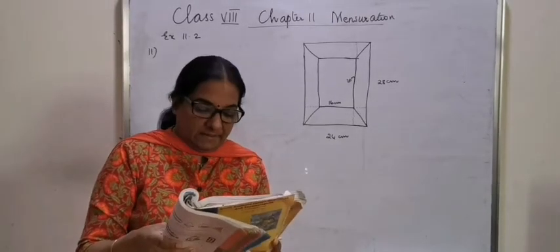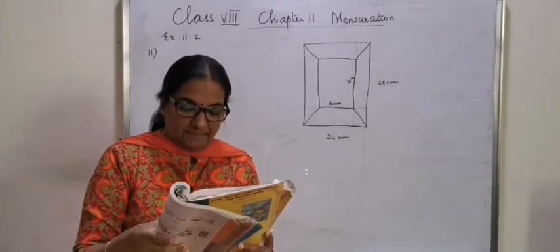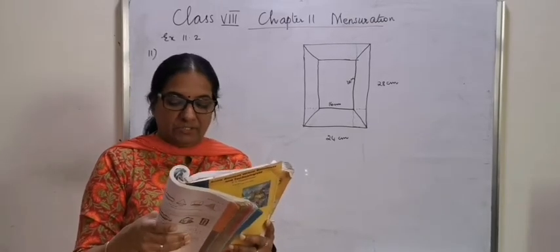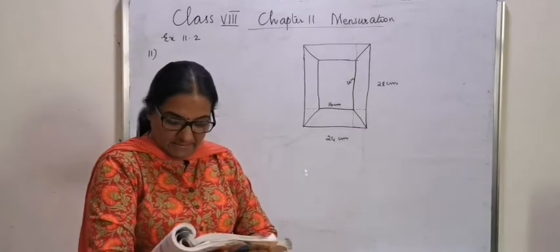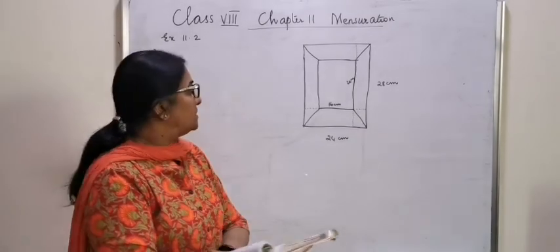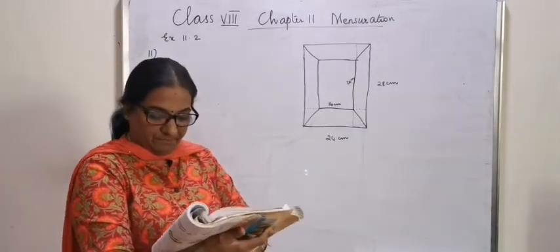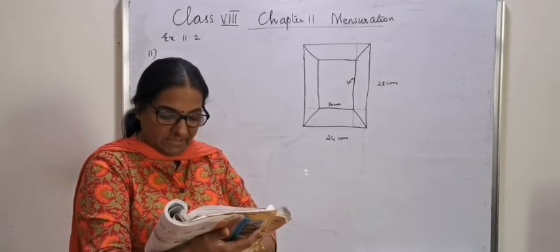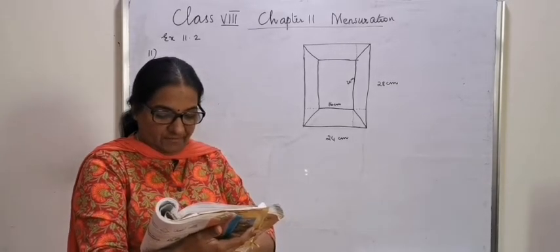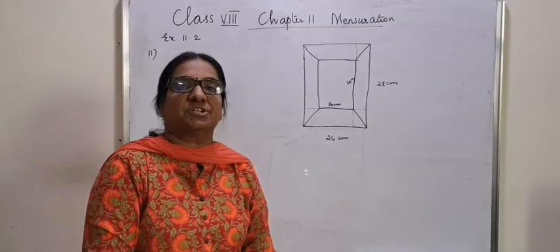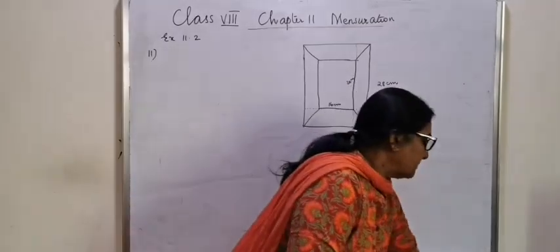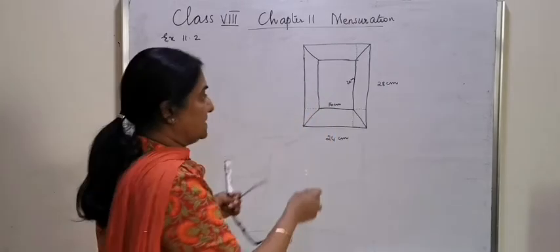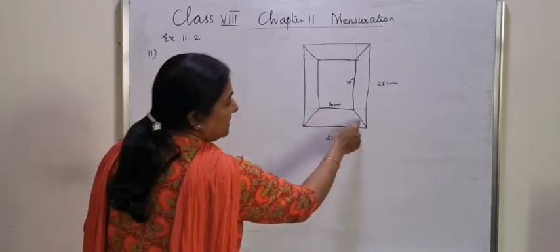Question number 11. Diagram of the adjacent picture frame has outer dimensions 24 by 28 and inner dimensions as 16 by 20. Find the area of each section of the frame if the width of each section remains the same. So when you see the picture, it can be treated as a trapezium.